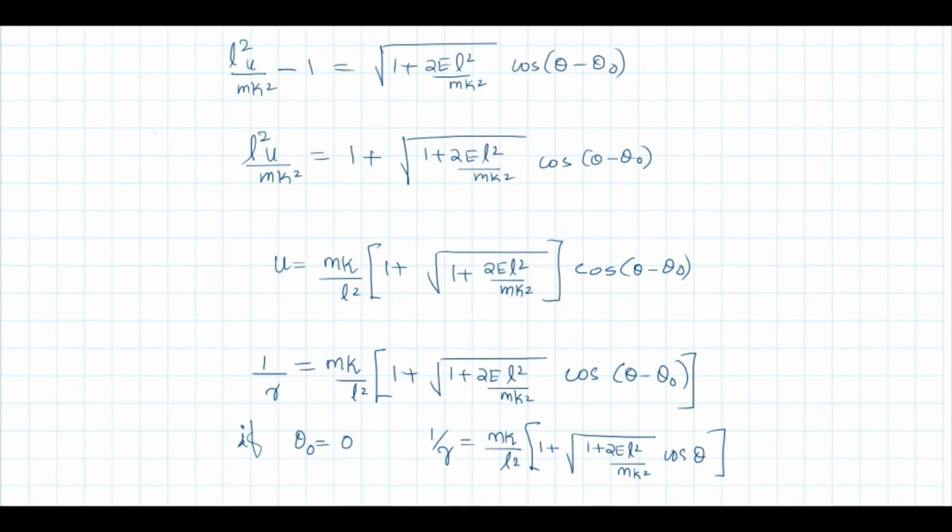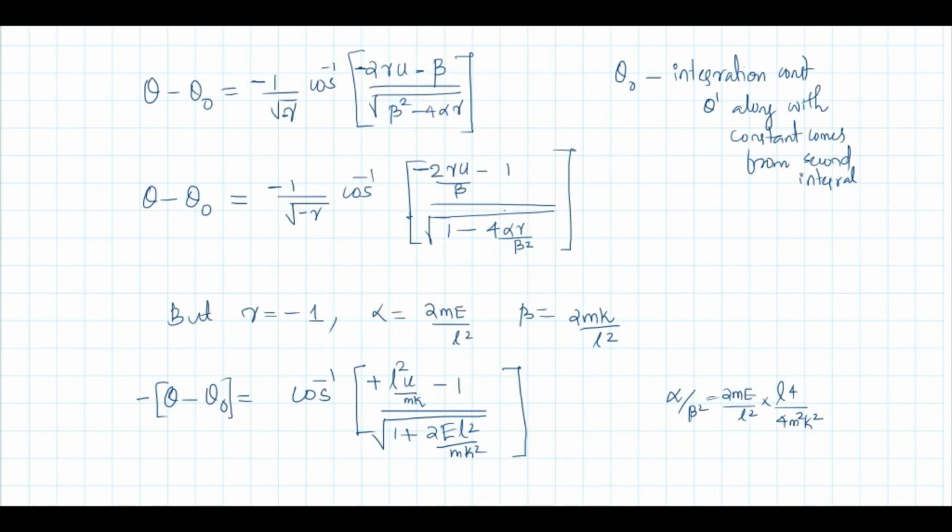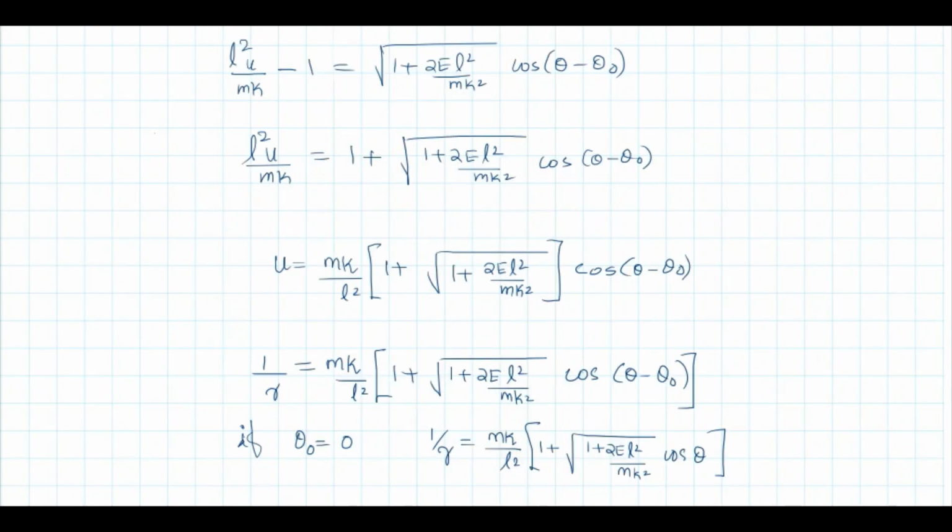So u equal to mk by L square. This is actually L square u by mk. So u is equal to mk by L square into 1 plus square root of 1 plus 2eL square by mk square cos of theta minus theta naught. But actually u is 1 by r.